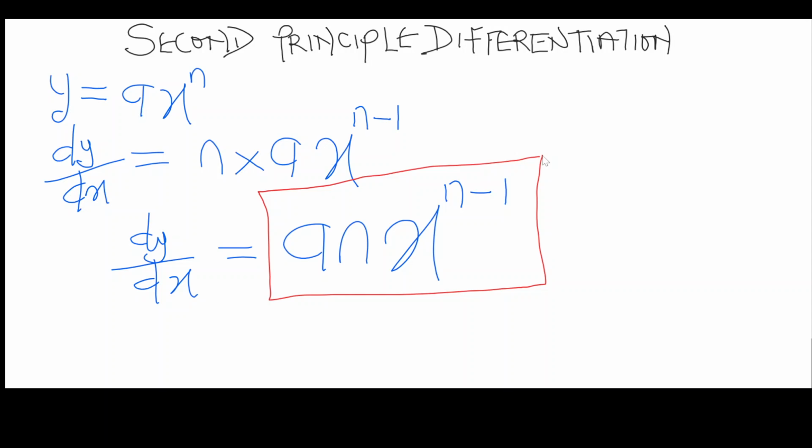So we're going to be looking at some examples here. The first example, A, says we should differentiate the function y equals x to the power of 7. How do we get this done using second principle?